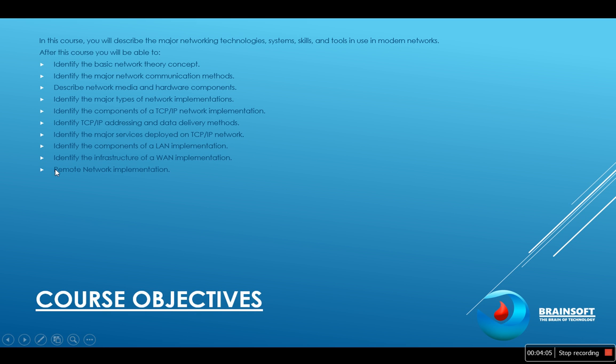You'll be able to identify major issues and methods to secure systems on a network, identify the issues and technologies in network security, identify network security threats and attacks, identify the tools, methods, and techniques used in managing a network, and describe troubleshooting of issues on a network.